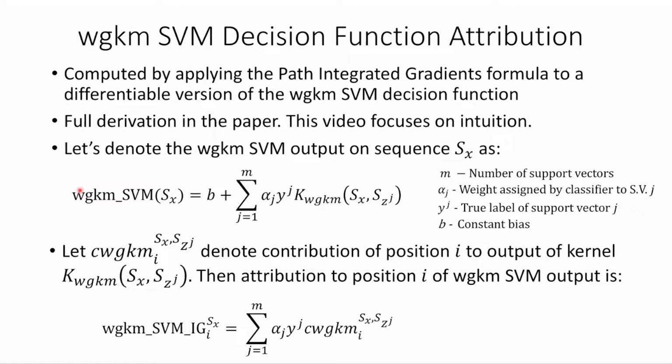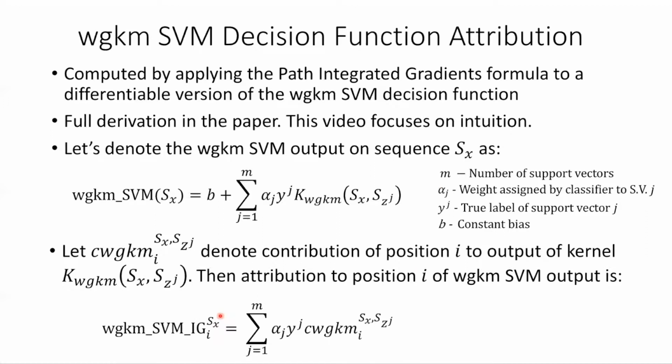So here is the WGKM decision function for sequence SX, calculated using the WGKM kernel similarity scores of sequence SX with each of the support vector sequences. And here is the part of the decision function attributed to position I of sequence SX.